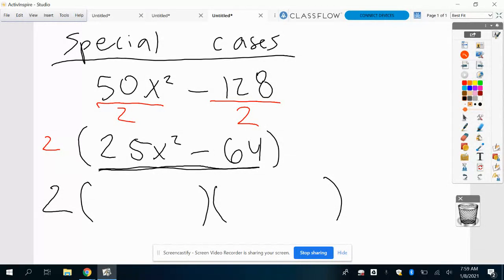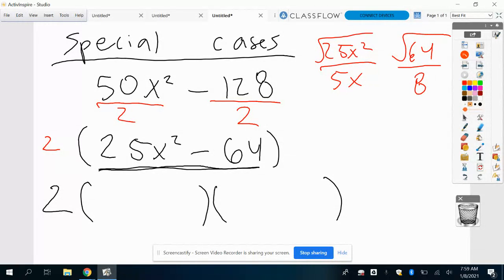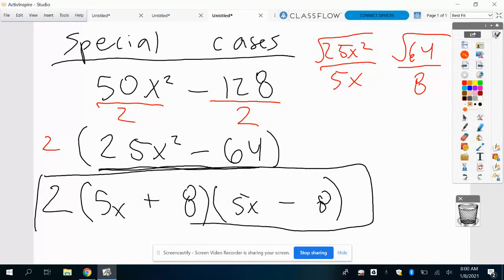The square root of 25x squared is 5x, and the square root of 64 is 8. So your two terms inside your parentheses are the 5x and the 8, and then one's positive, one's negative. And there's your answer.